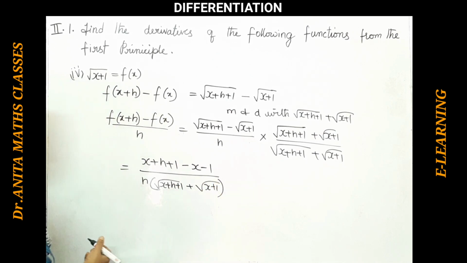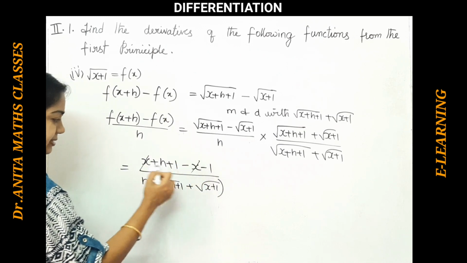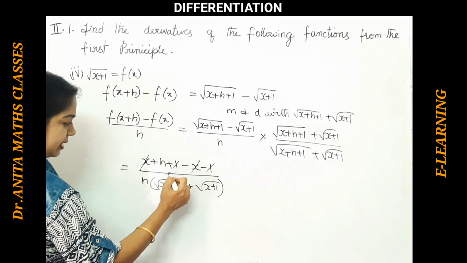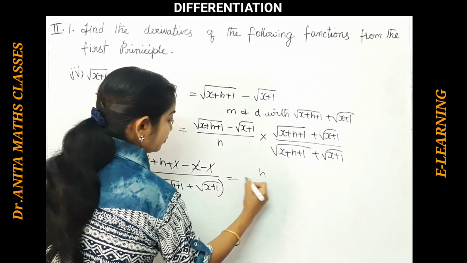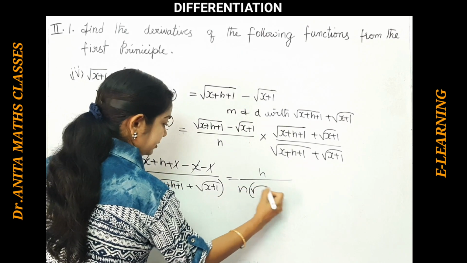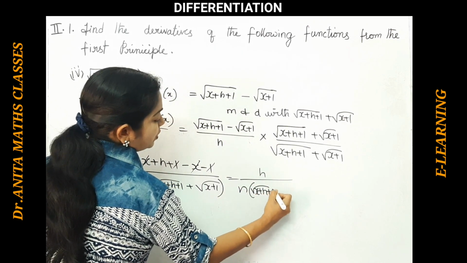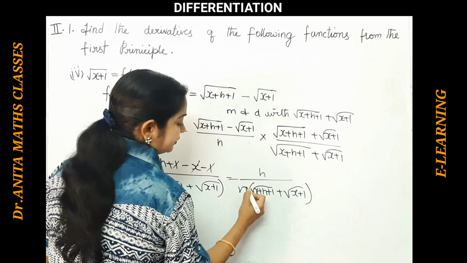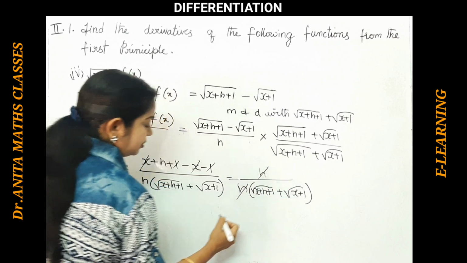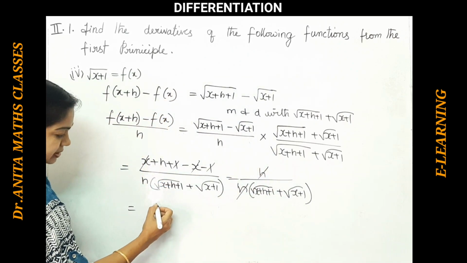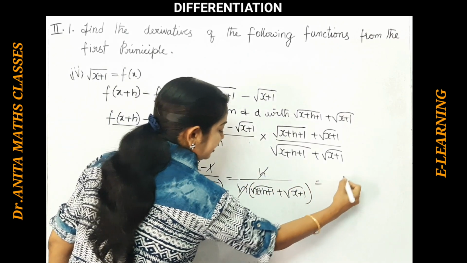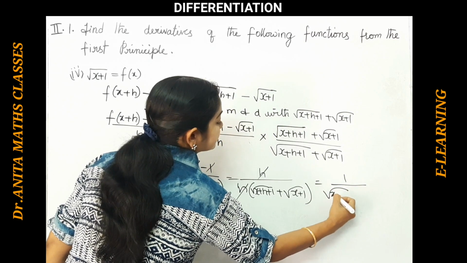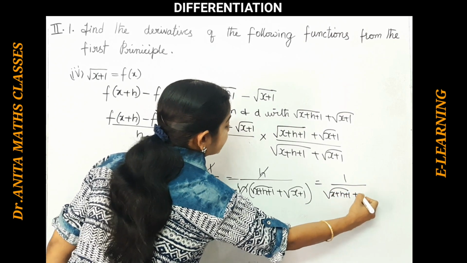Here minus x and plus x go off, plus 1 minus 1 goes off again. We have only h in the numerator, so we can cancel off h also. The remaining is 1 by under root x plus h plus 1 plus under root x plus 1.